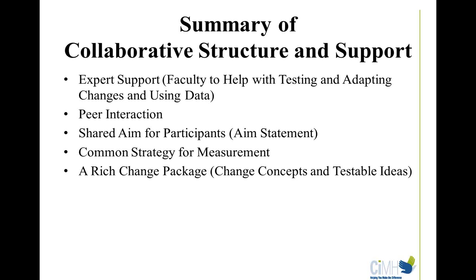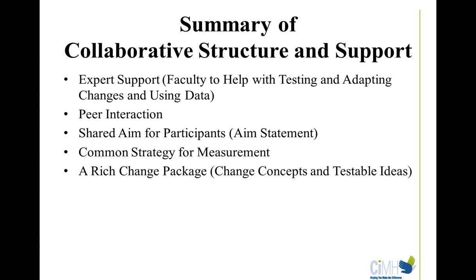So to summarize what the collaborative structure is like, we use expert support, both to prepare for the collaborative and then throughout. And then the experts often are faculty that come into learning sessions and share what they know about what works. We create a lot of peer interaction so teams learn from each other. Teams work under the umbrella of a shared aim, but they each individually have their own aim that's most relevant to them. So they don't adopt necessarily the shared aim.